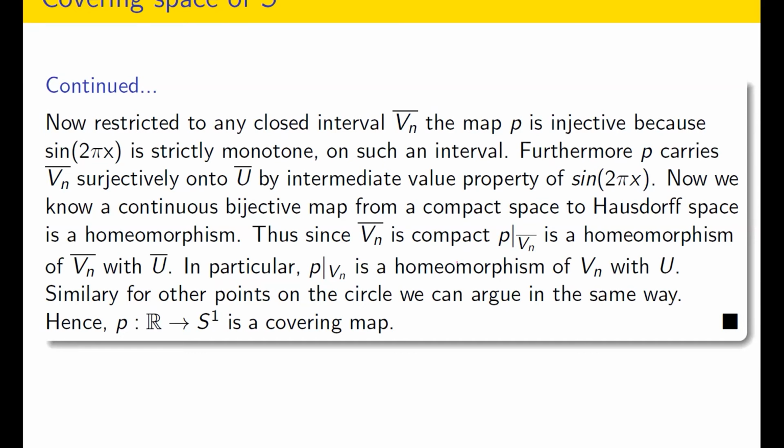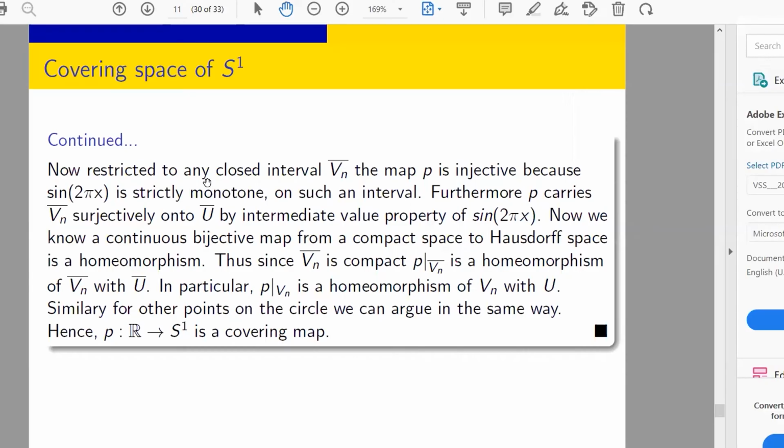Now we have to prove it is surjective, that is, from Vn bar to U bar it is surjective. How will we prove that? We have to use the intermediate value property of sine 2 pi x. So what we have is Vn bar, which is n minus 1 by 4 to n plus 1 by 4, and I have U bar here.